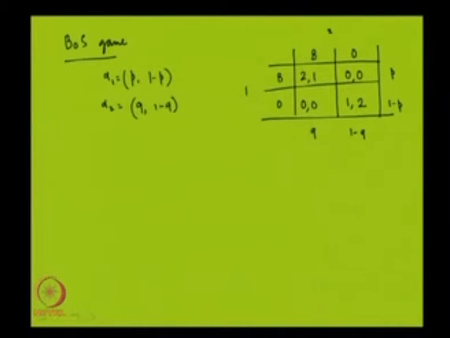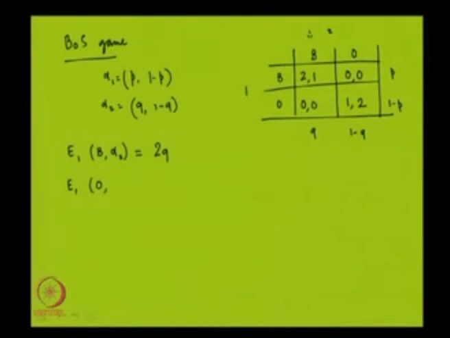Now what we have seen before is that it depends on how the expected payoff to player 1 from these two actions compare. So, the expected payoff to player 1 from action B, given that alpha 2 is being played, is what? It is 2 multiplied by the probability with which player 2 is playing B, which is q, plus 0, because here this payoff is 0, so I need not bother about that.